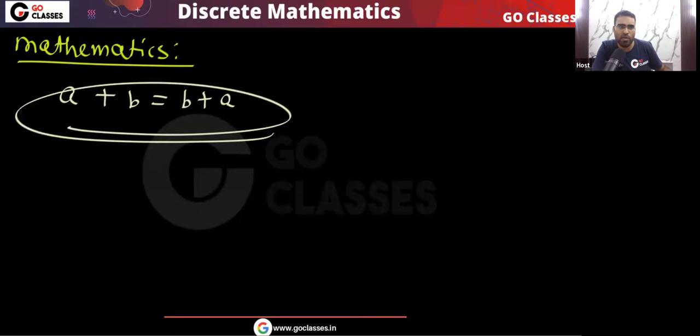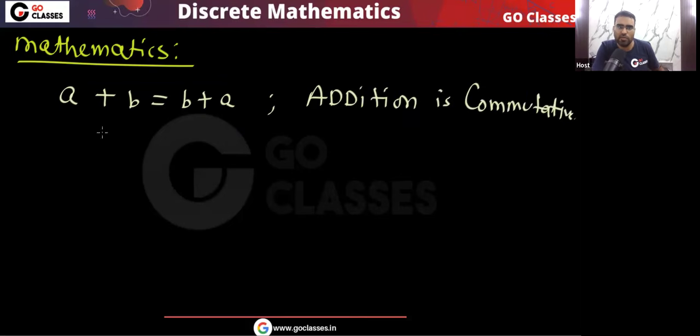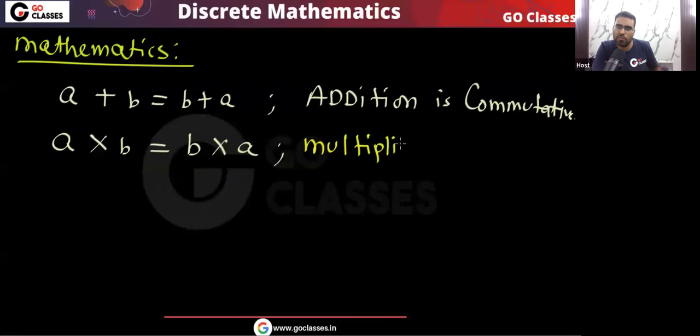For all A comma B, whatever you take, addition is commutative. Similarly, multiplication is also commutative: B multiplied by A equals A multiplied by B, for all A comma B. So multiplication is also commutative.